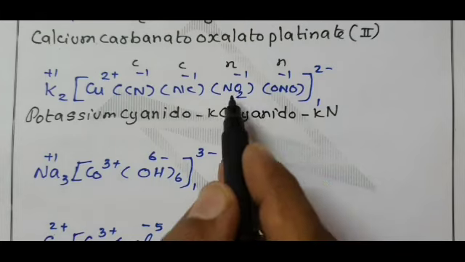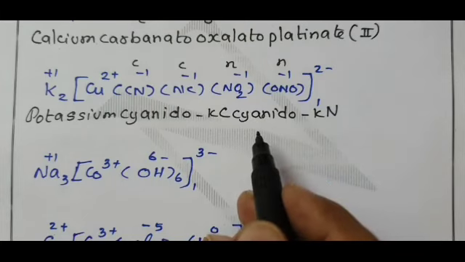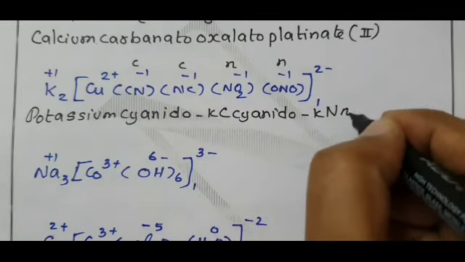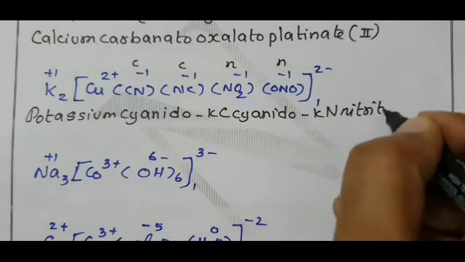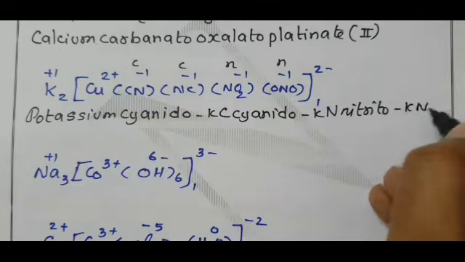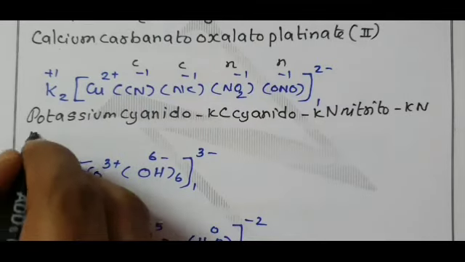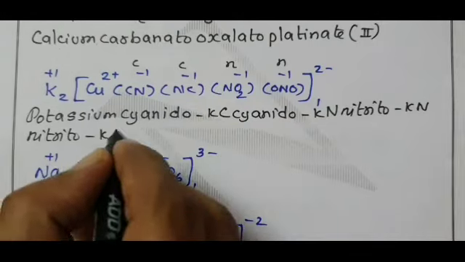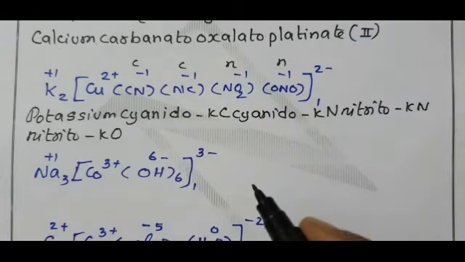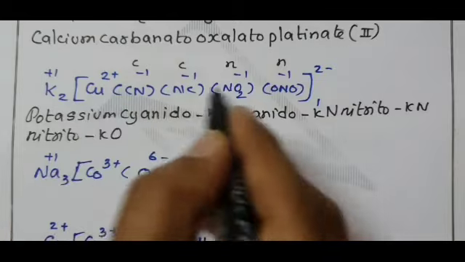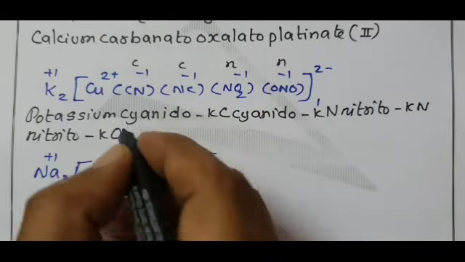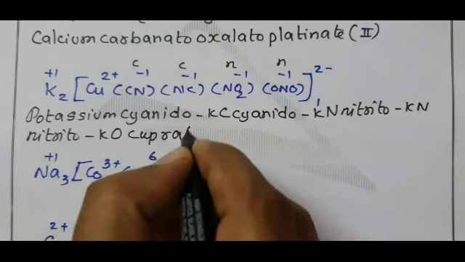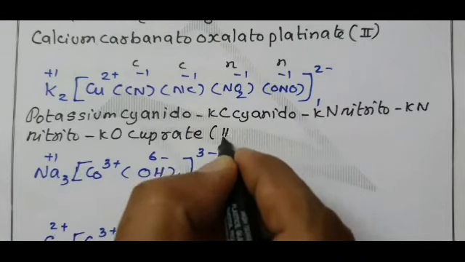N is first, then O is second. Nitrito, kappa N, then another ligand, nitrito, kappa O, donor atom O. Central metal ion, anionic complex, actual name of Cu is cuprum, therefore the name ends with cuprate, oxidation state is 2.